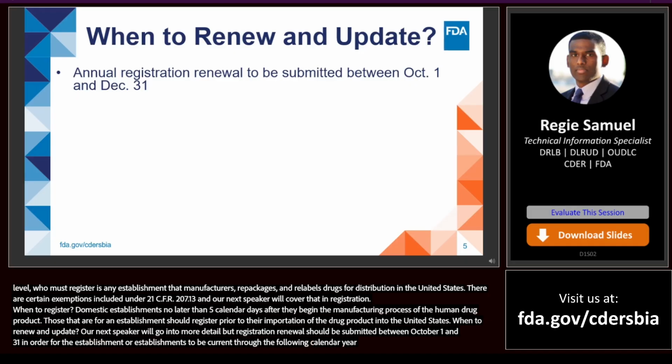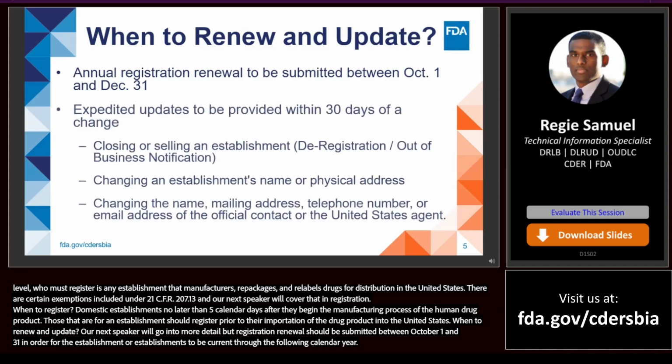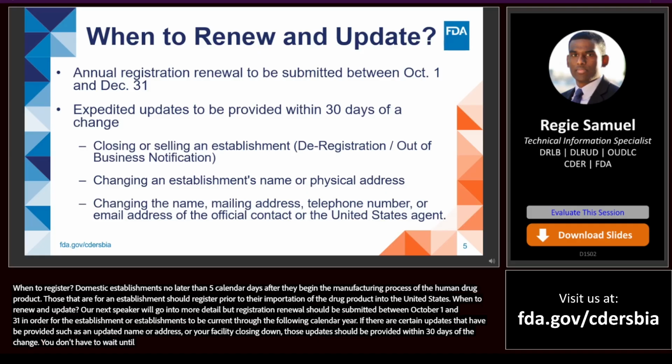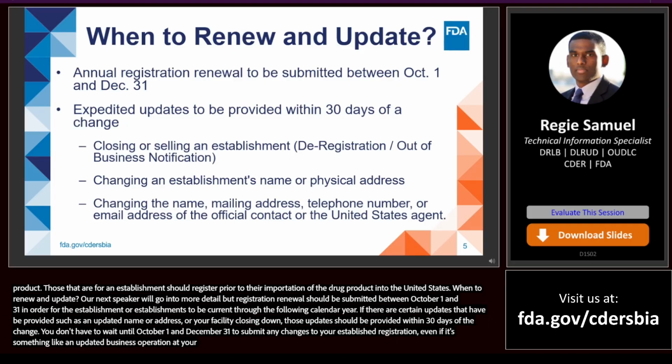But if there are certain updates that have to be provided, such as an updated name or address, or your facility closes down, those updates should be provided within 30 days of the change. You don't have to wait until October 1 and December 31 to submit any changes to your establishment registration. Even if that's something like an updated business operation at your facility, that can be submitted at any time during the year.